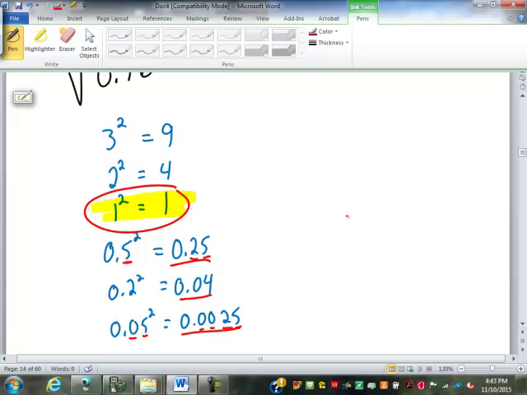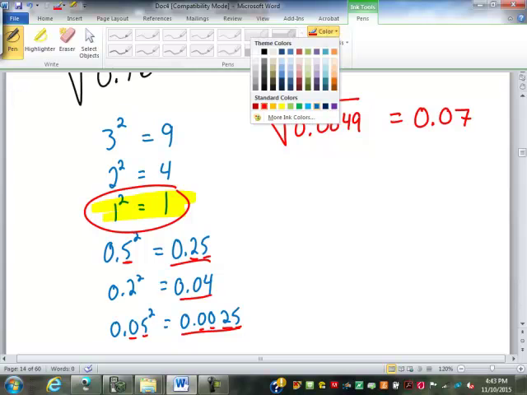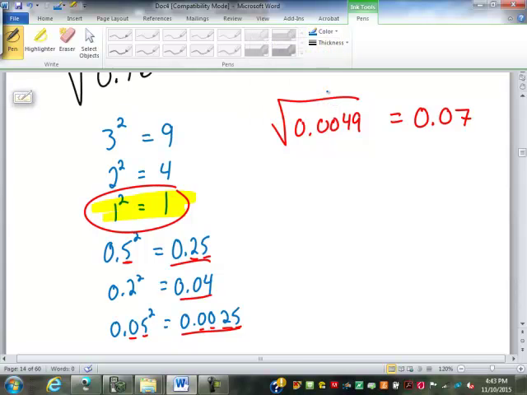So therefore, if we square root something that is between 0 and 1, we're going to get an answer that is bigger. The square root of 0.0049 is 0.07. Much bigger. So keep that in mind.